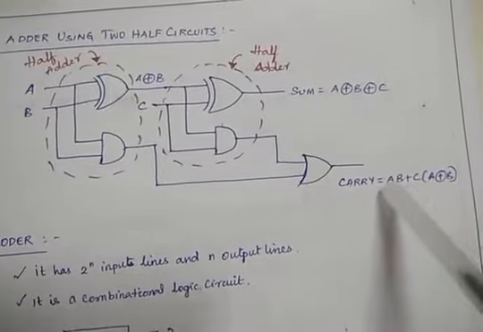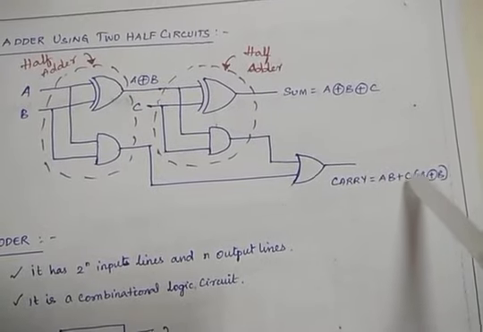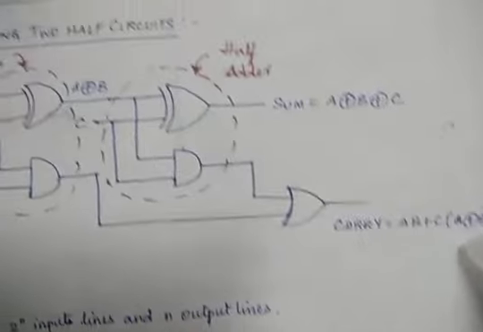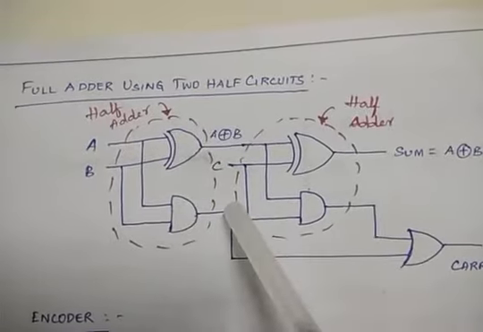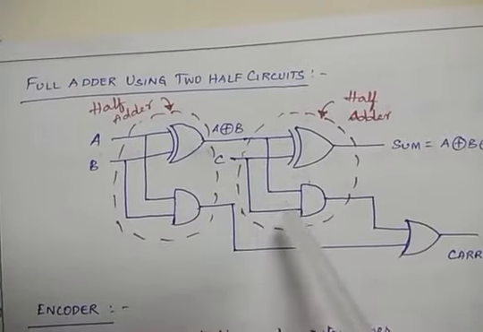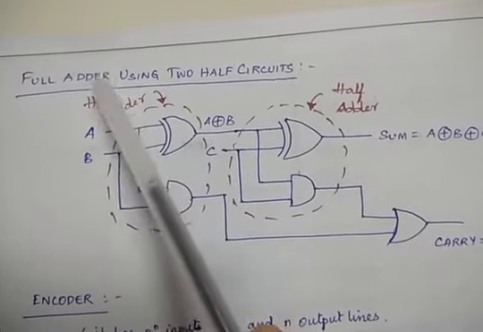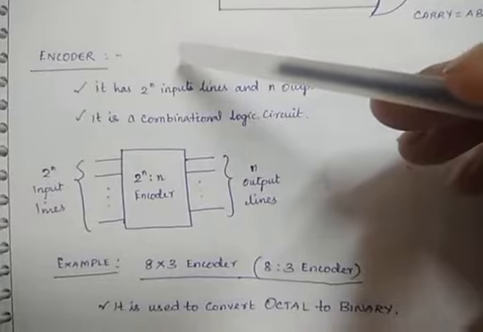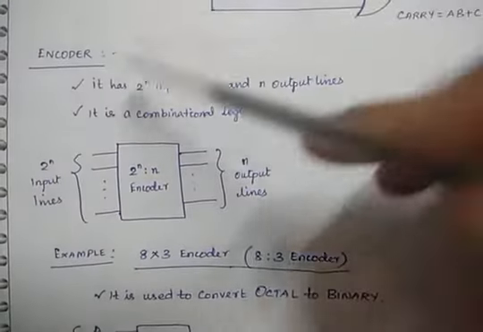Finally we got A into B plus C into A exclusive-OR B. So the same what we got here, the same we got here, right? So with this we understand how with the help of 2 half adder circuits we are getting a full adder circuit, right? So we'll see next topic, that is encoder.